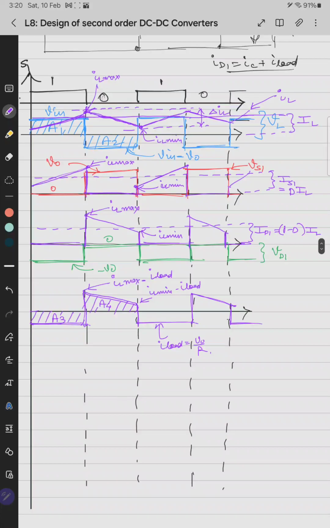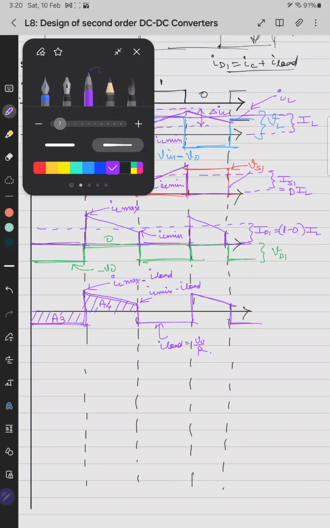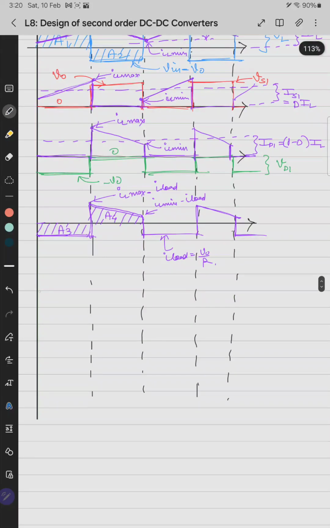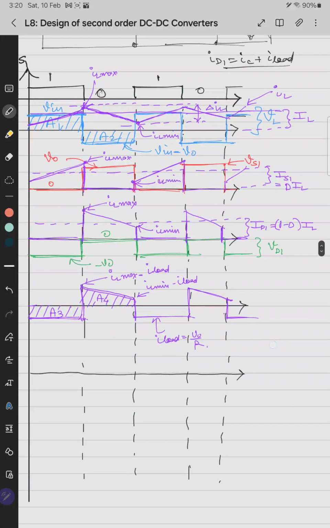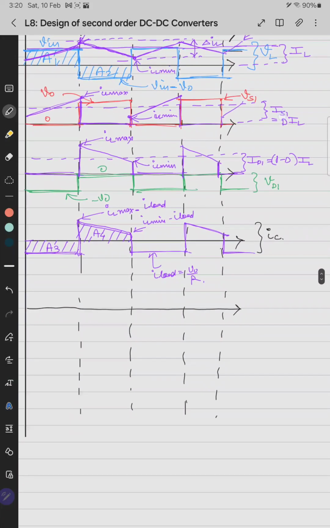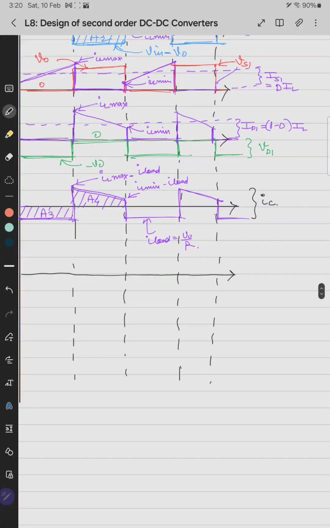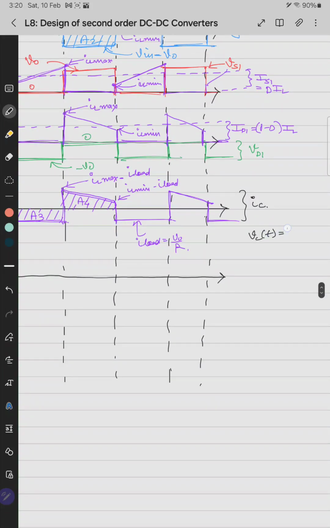Correct? Now we'll plot the last quantity, which is nothing but the capacitor or the output voltage. This waveform was for IC. So Vc of t equals 1 by C integral IC of t dt plus Vc naught.